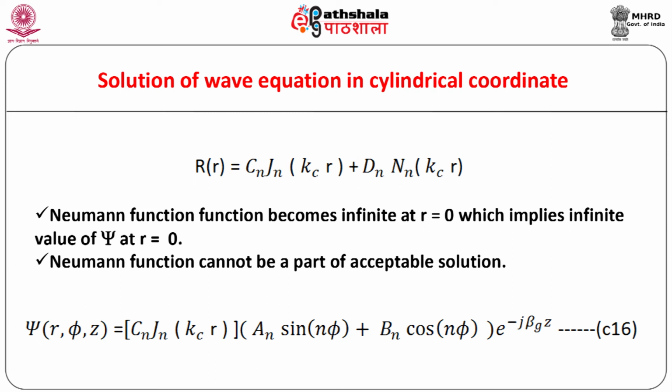When we apply the solution of Helmholtz equation for electromagnetic wave in cylindrical waveguide, psi must be taken to represent E or H fields which are supposed to be finite at every point including r equal to 0 inside the guide. Owing to this fact, the Neumann function cannot be a part of the acceptable solution. For this, we have no option but to assume that Dn is equal to 0. With this, the solution reduces to the equation as shown by C 16.